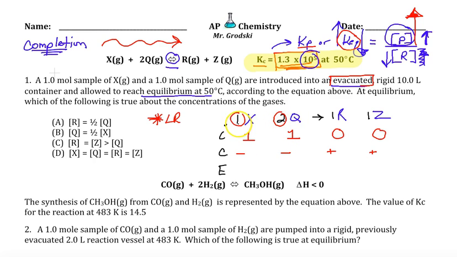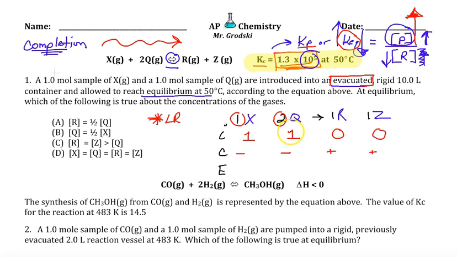So because of this 2 to 1, I can see what's half of 2. And why am I saying half? Because here's 2, here's 1. It's a 2 to 1 ratio. So X, for it to work, there has to be half the amount of Q. Well, Q, I have 1 mole. Do I have at least a half of 1? Yeah, I have more than enough here. So this is my excess chemical, and this is my limiting reagent.